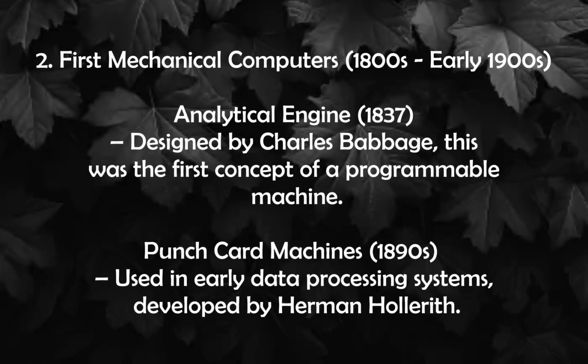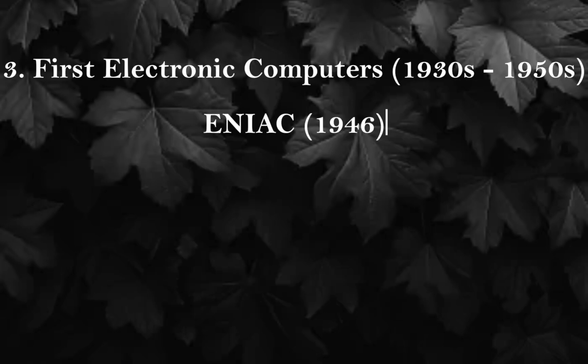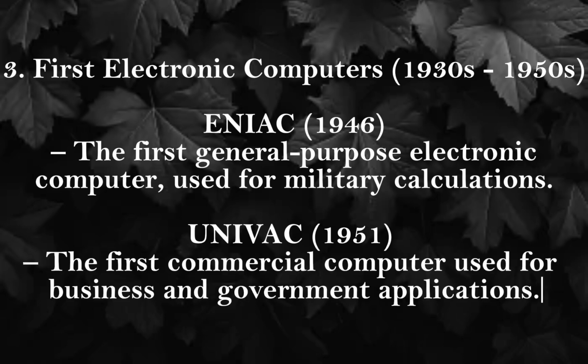So here are the more modern techniques of inventing computers. The punch card machines in the 1890s, the late 1800s, were used in early data processing systems, and were developed by Herman Hollerith. The third one is the first electronic computer. Now the computer has finally been developed, in the 1930s to 1950s.